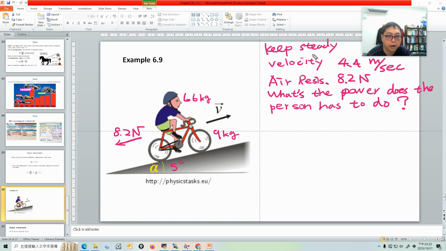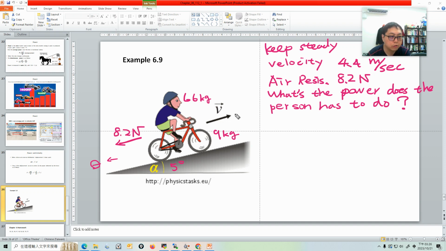You want constant velocity motion. That means you have to produce a force to balance the air resistance force, right? So if the air resistance direction is negative, you need to produce a positive force to overcome this resistance.